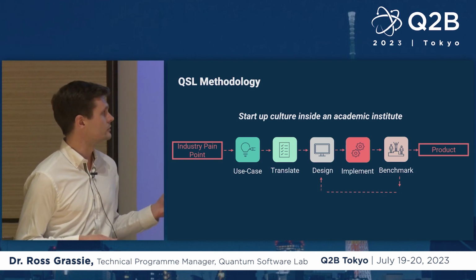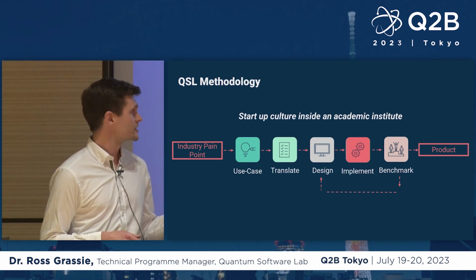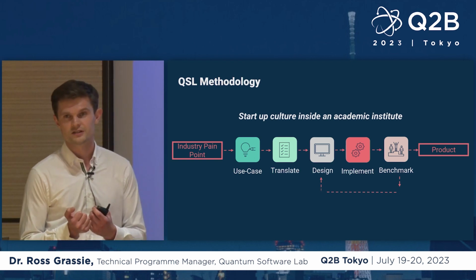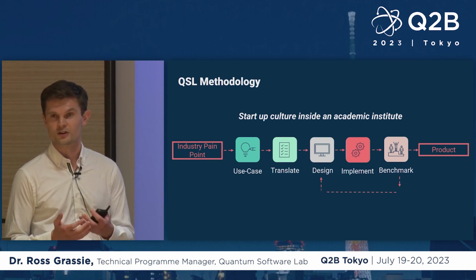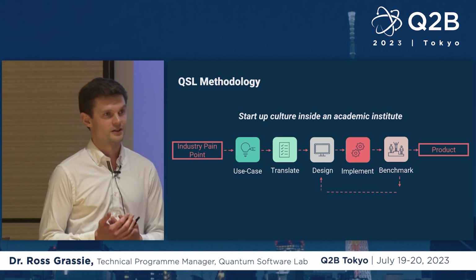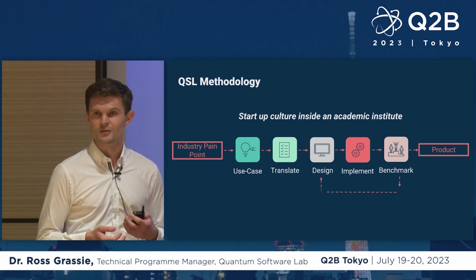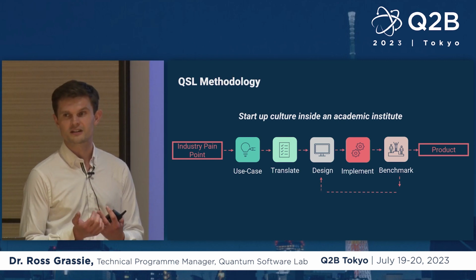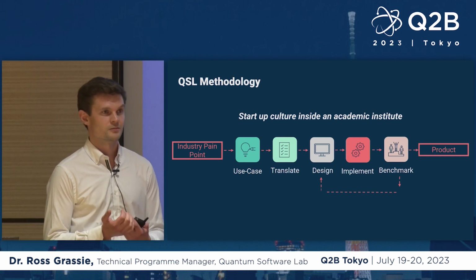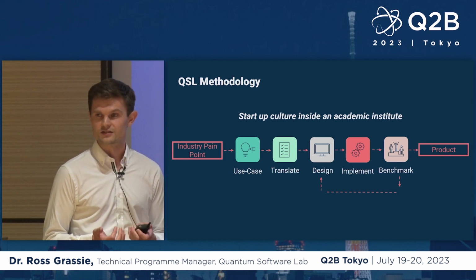And we will continue to keep on going round this cycle until we have got the best out of the quantum technology and we can output some kind of product at the end. So for us, because we're an academic institute, our products are maybe a little bit different. We're looking at open source software, software development kits, feasibility studies, papers, and these sorts of things.